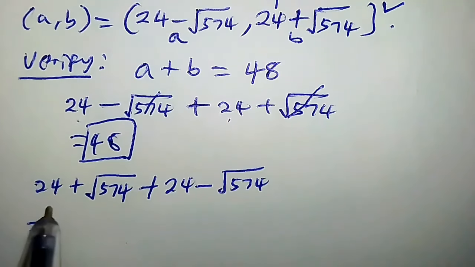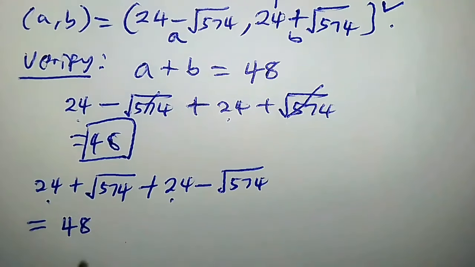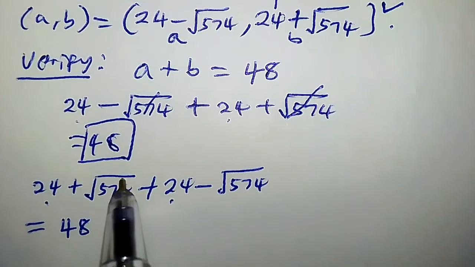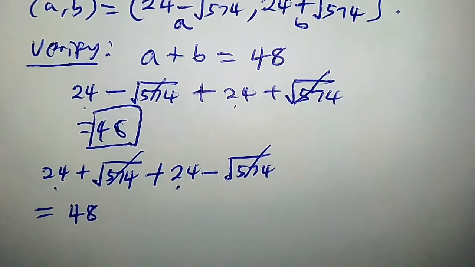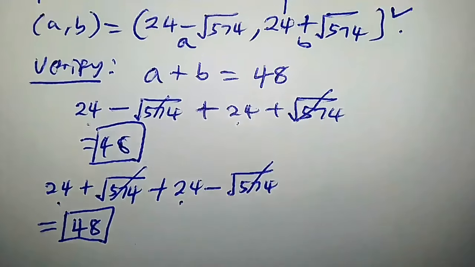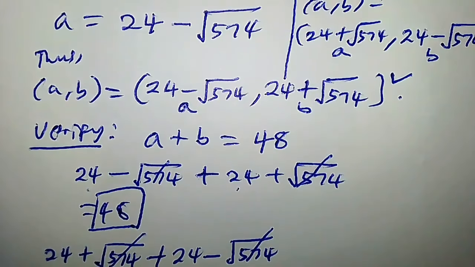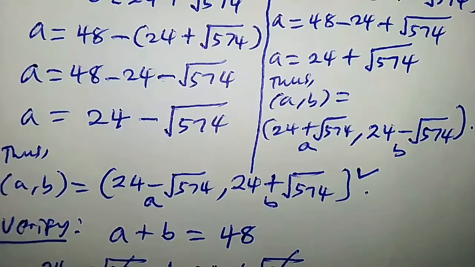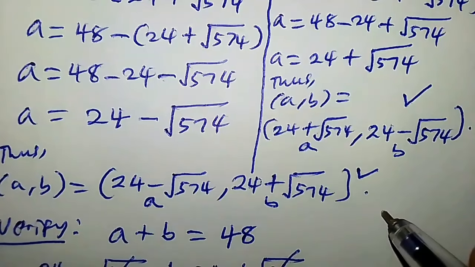This equals 24 plus 24, that is 48, square root of 574 minus square root of 574, that is 0. You will see that this 48 is exactly what we have on the right hand side of this equation. Thus, indeed, the second solution is correct. That's it.